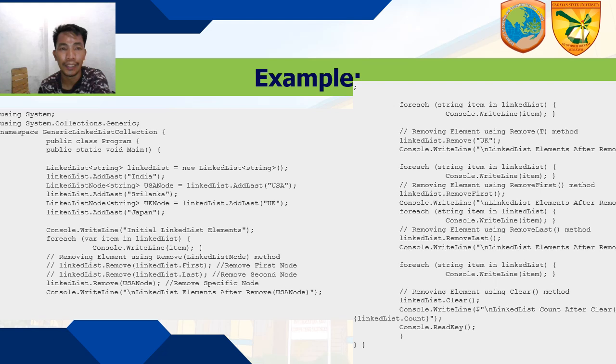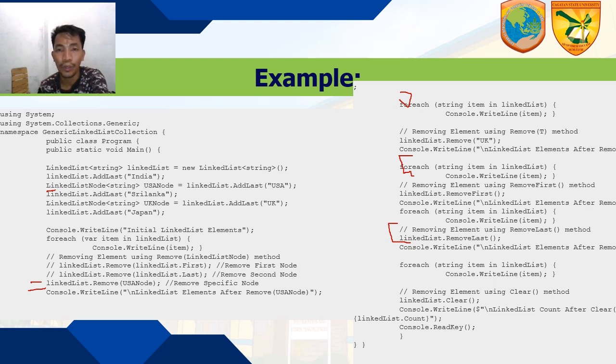Again, this allows us to add. We have to remove here, and then we'll try to display here. Another one to display another linked list after removing the item and removing the last element or node in the generic linked list.